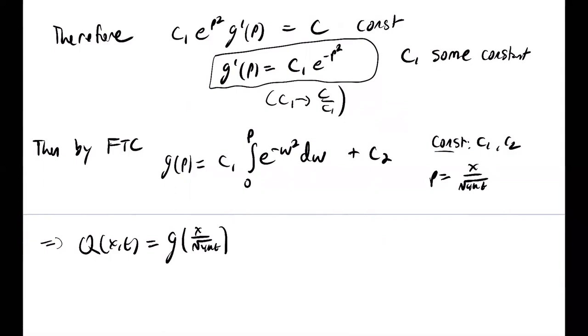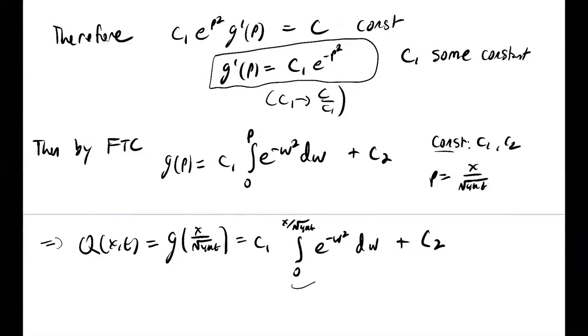If I plug this in for p, I get c1 times the integral from 0 to x divided by the square root of 4kt of e to the minus w squared dw plus some other constant c2.